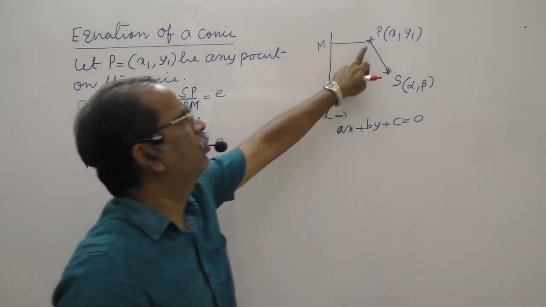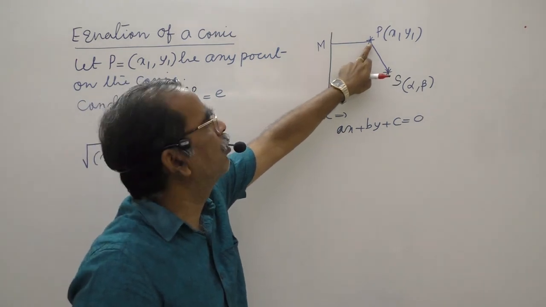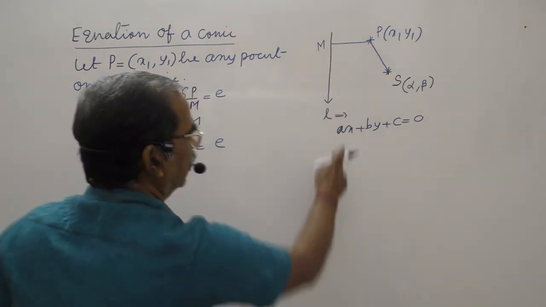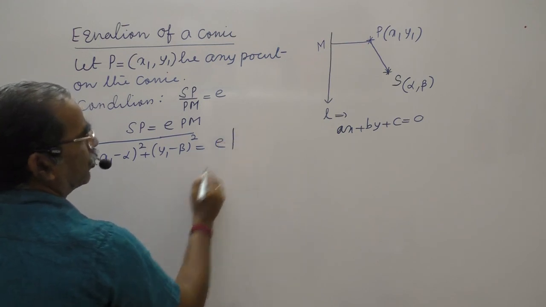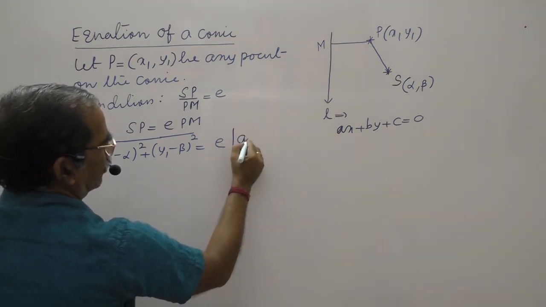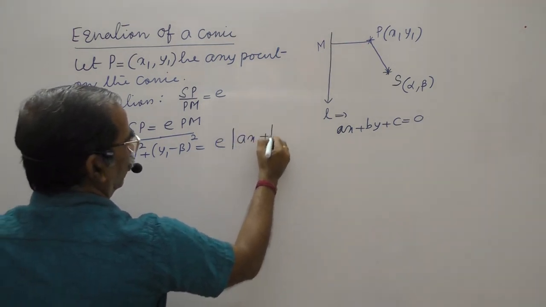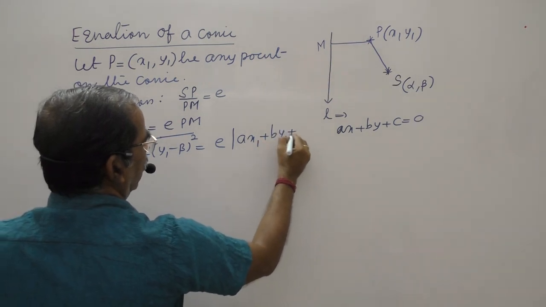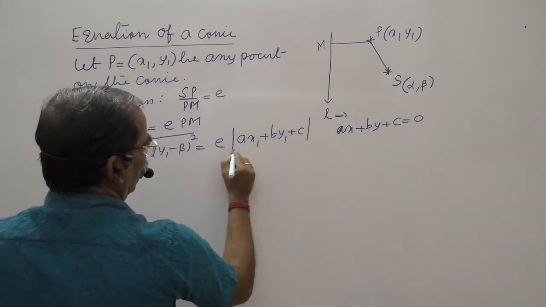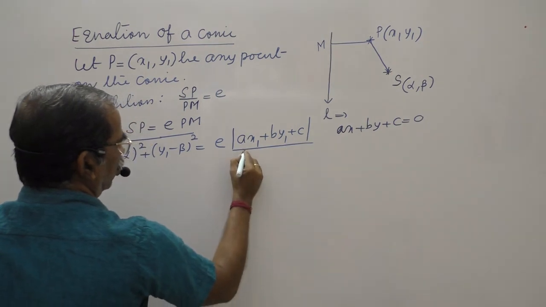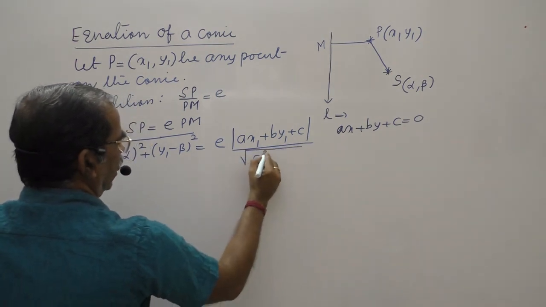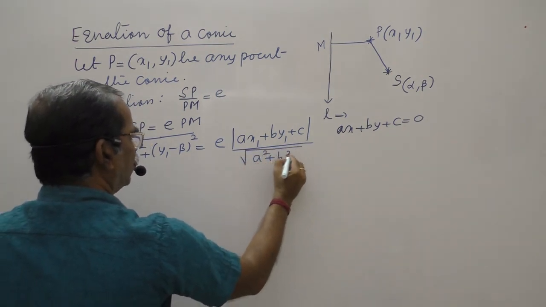What is PM? The perpendicular distance from P to this fixed line. We have seen this in straight lines: mod of (a x1 plus b y1 plus c) divided by root over a square plus b square.